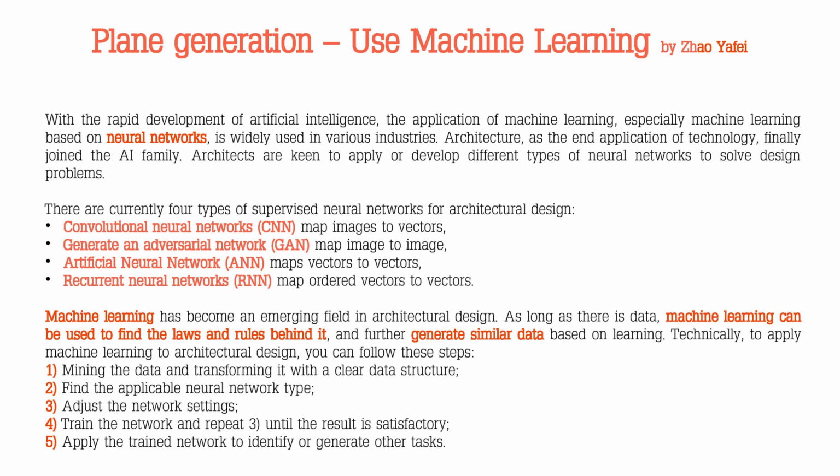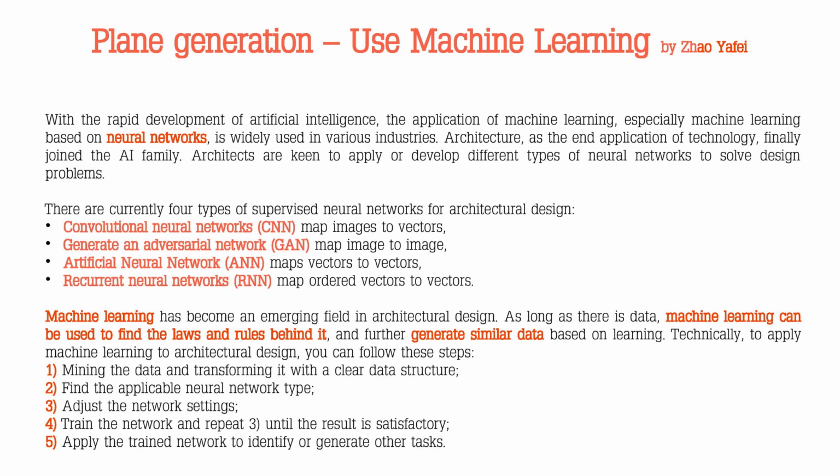I remind you that a neural network is behind all the software which win at chess and the game of Go. There are currently 4 types of supervised neural network for architectural design. Attention, supervised neural network means the neural networks are supervised by humans, which means the input data or the revising of data after the output is still done by humans.